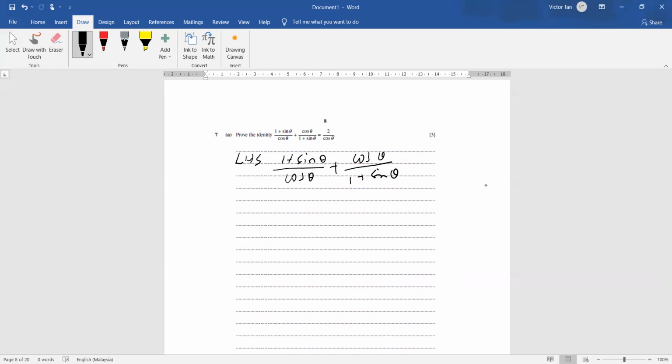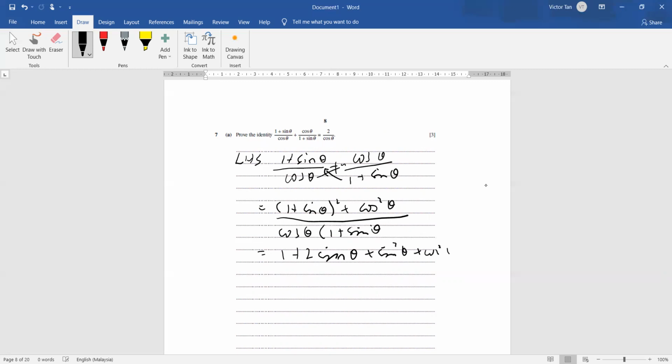Making it into a single fraction, you have cos theta (1 plus sine theta) plus sine theta times cos theta... so you have 1 plus 2 sine theta plus sine square theta plus cos square theta over cos theta sine theta.